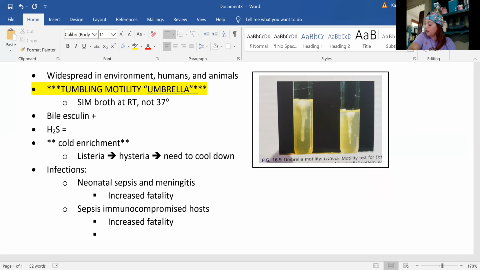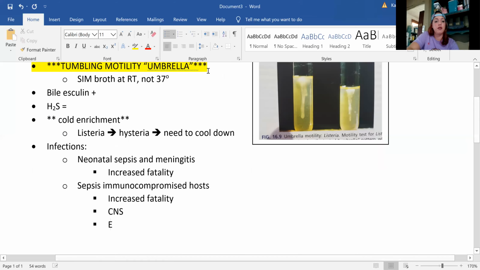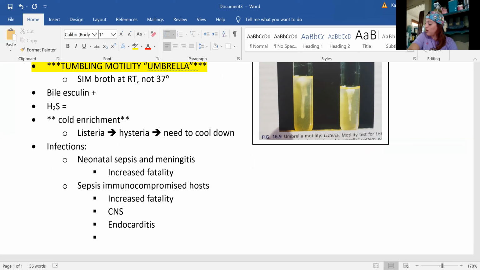It also has a liking for the CNS. It can cause endocarditis. And these are all specific for immunocompromised hosts. And what you would do is just culture either blood or CSF.